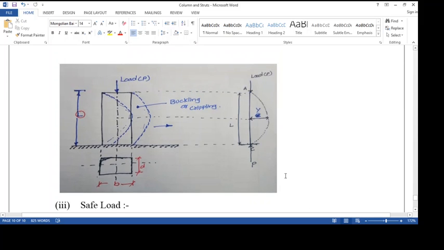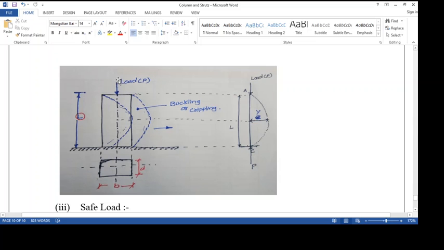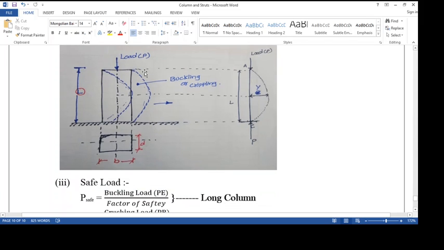One more time I will repeat. When you apply the load on a long column, the column fails by buckling or crippling. You can avoid the buckling or crippling failure. You can find out how much load is coming on the long column or short column. How to find it? There are two theories: one is Rankine's theory, another one is Euler's theory.